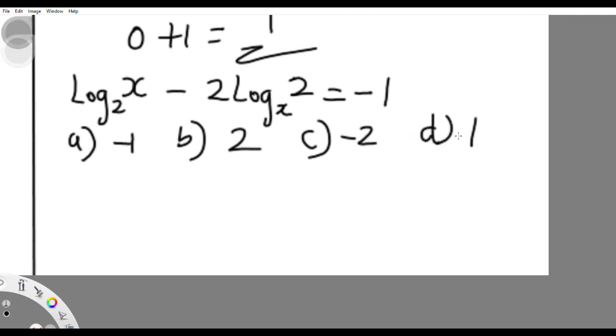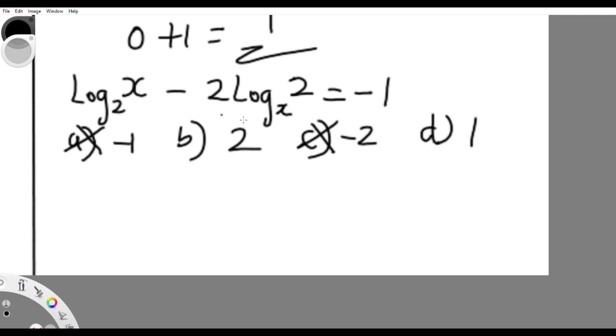Okay, so let's try it. First and foremost, you should already have gotten the gist that these two won't be the answer, because they will be negative by the time you put them. So one of these two is the candidate.